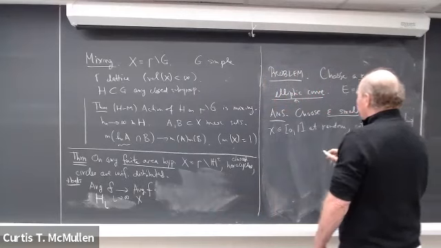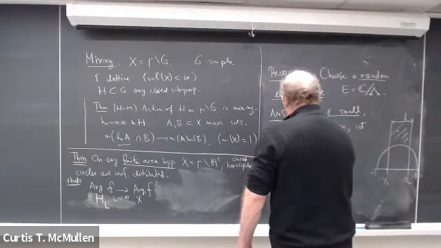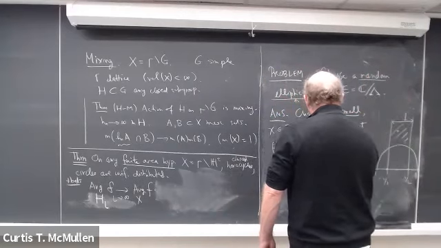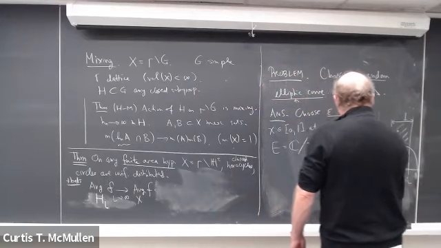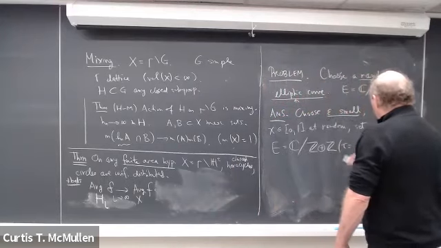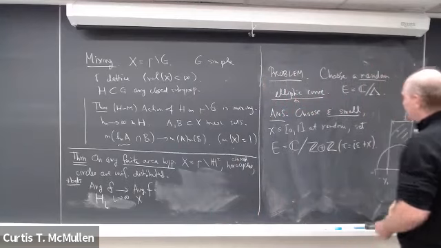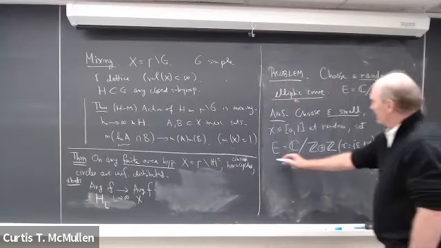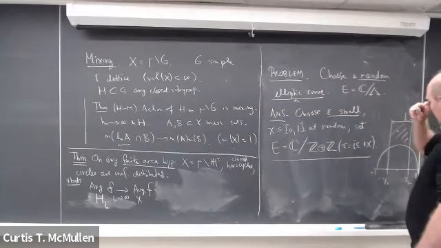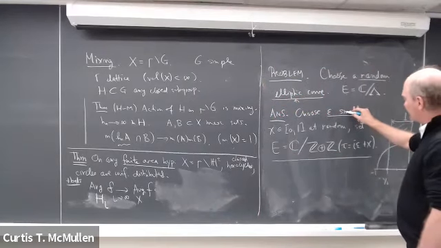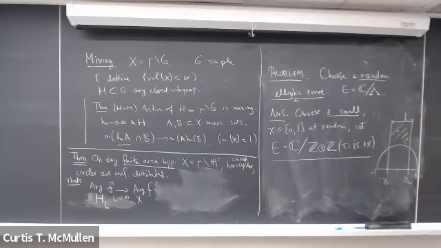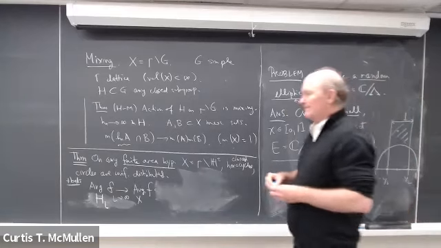And then set E equal to C modulo Z plus Z times tau, which I'm going to take to be i epsilon plus x. And the smaller epsilon gets, the closer this will be to being a truly random elliptic curve.